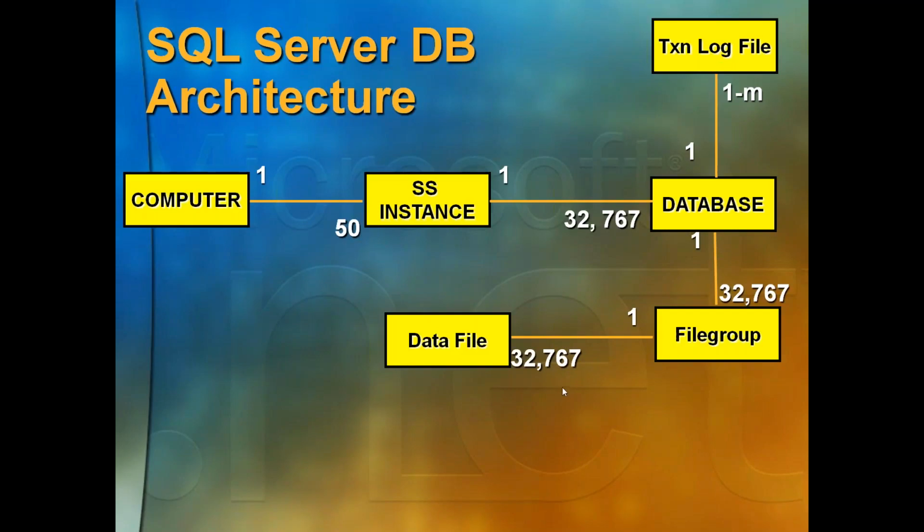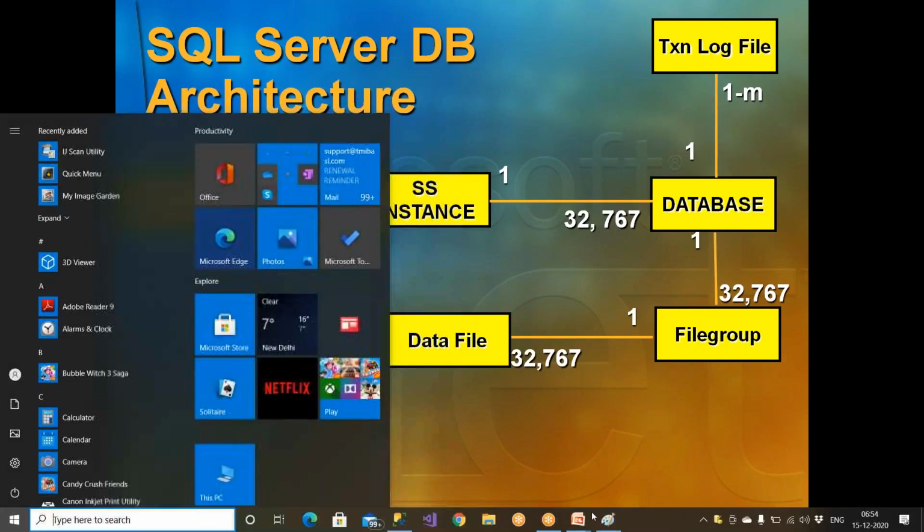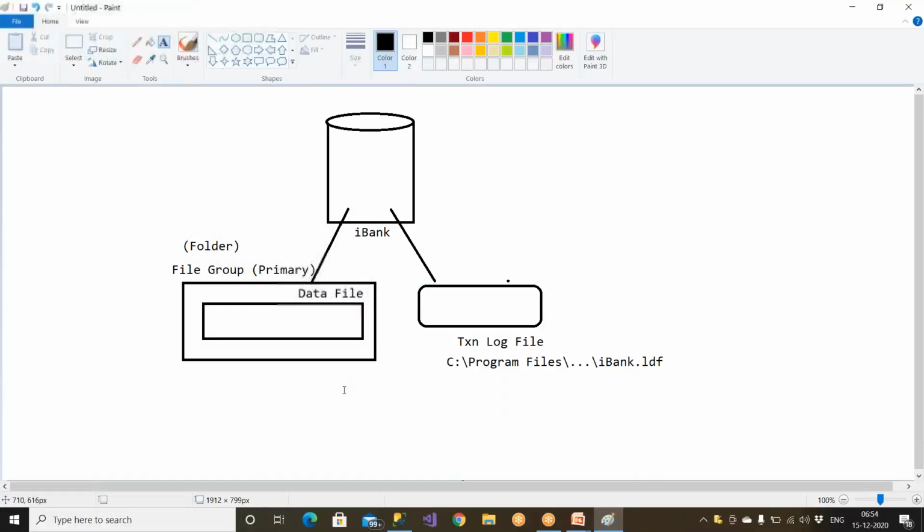Guys, clear? So by default, you will get one data file. Let me show my paint. So I'm going to have one data file. The data file is divided into pages.